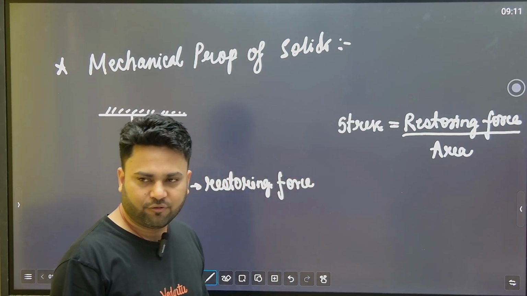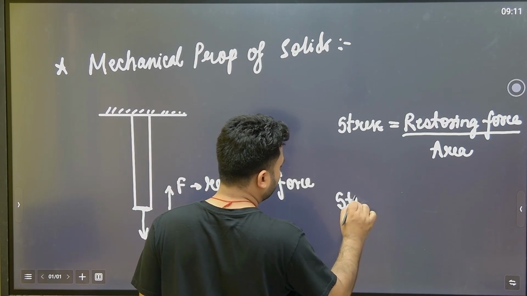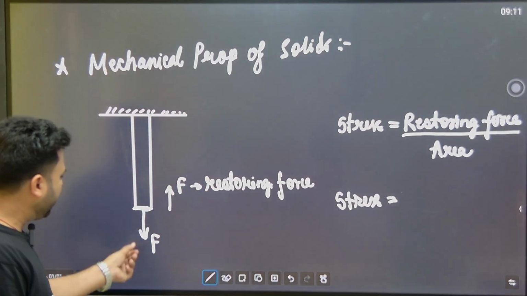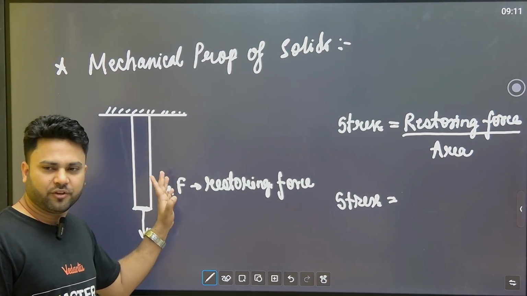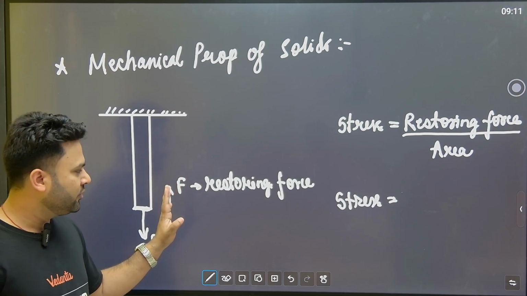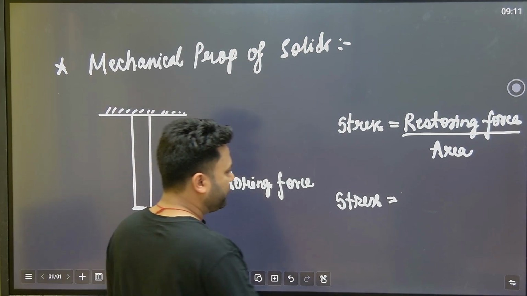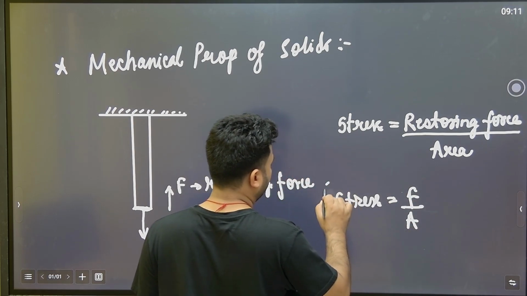Correct? This is the formula for stress. One thing is clear, na, that if you are applying force F, the restoring force is also F. So stress will be nothing but this force divided by area.